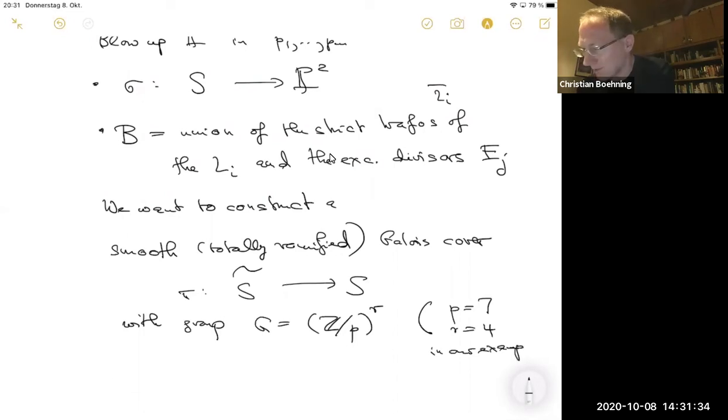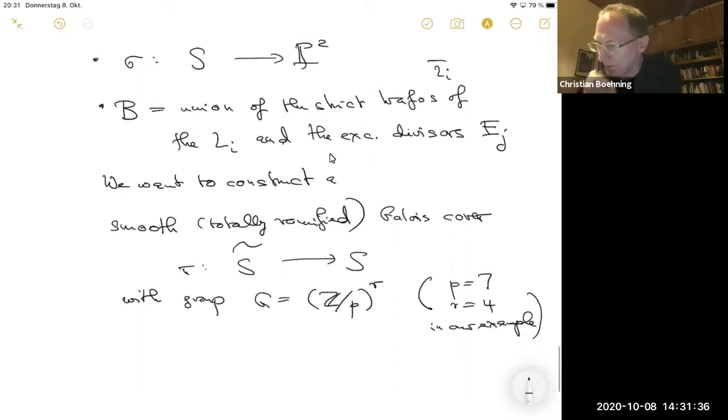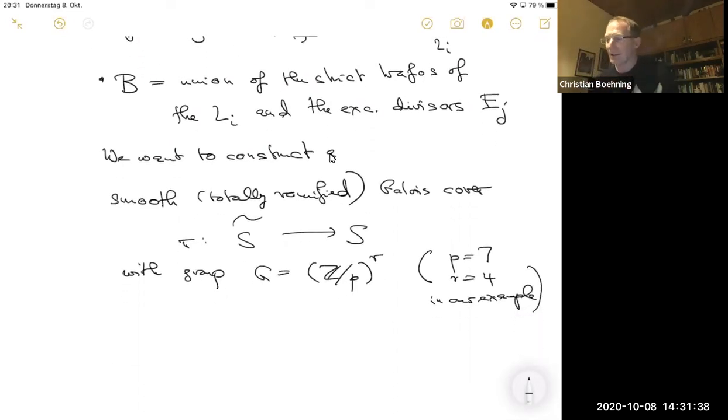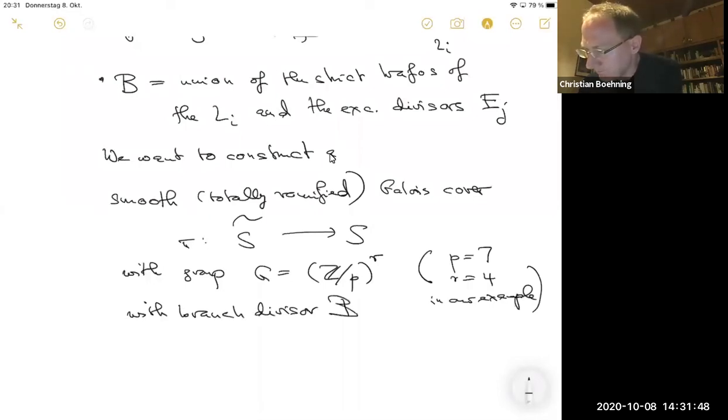But other examples are possible, but that was the easiest we could come up with. And with branch divisor B, this is just a finite flat map, and we have a faithful action of G on S tilde, and S is just the quotient for that action.